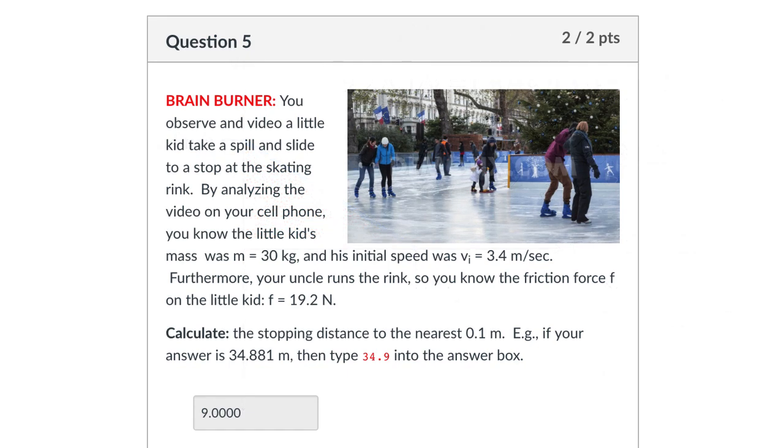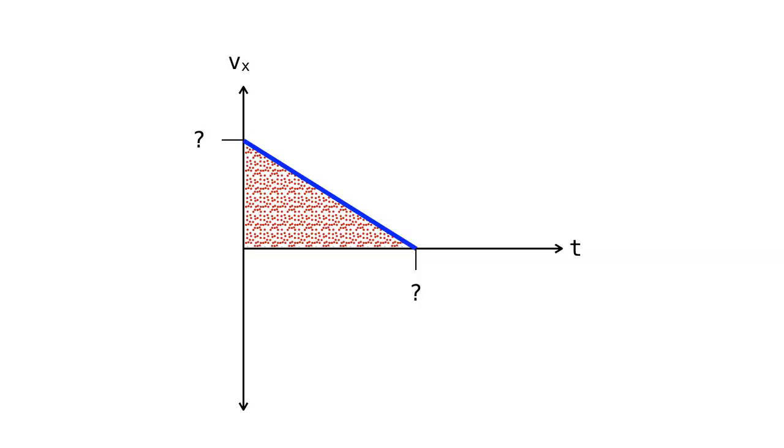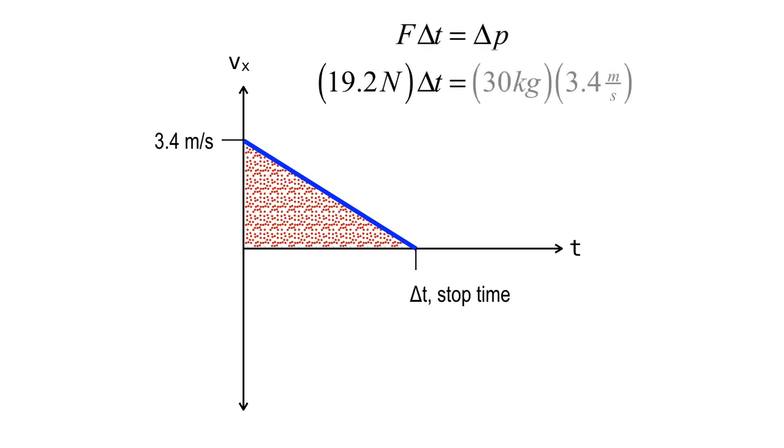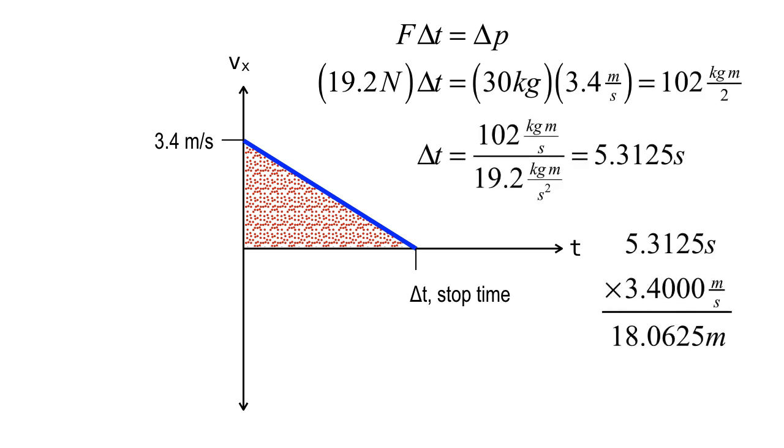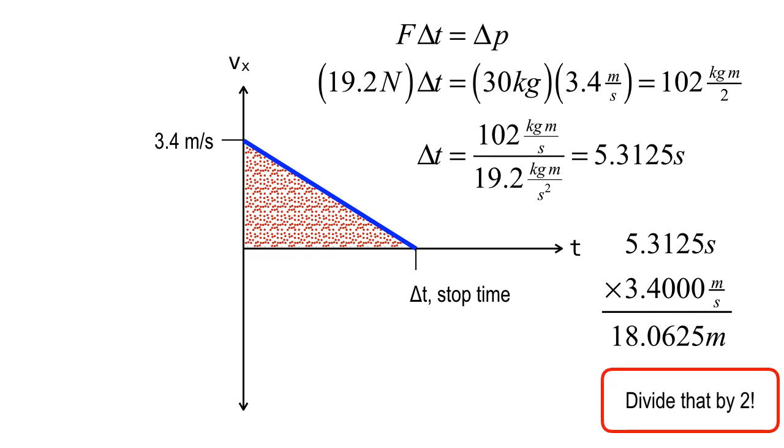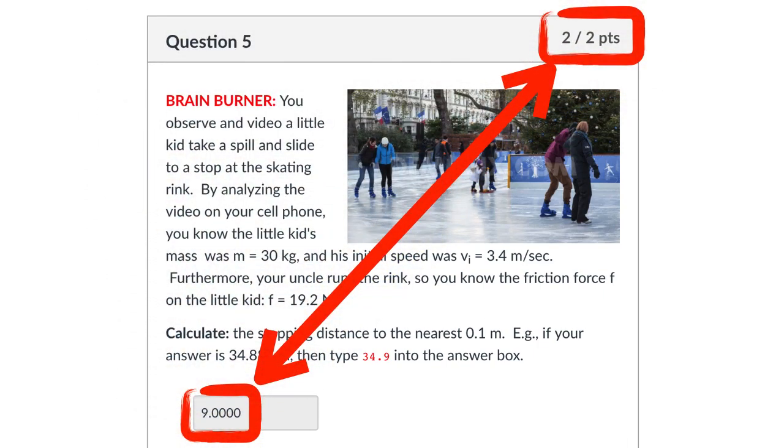And if you look at the problem, this one is to the nearest tenth of a meter. 18.0625 divided by 2 is 9.03. So to the nearest tenth of a meter, this would be 9.0. And that's what we get. So when you do this correctly, you get 2 points on that old homework. So that's just a little bit of reinforcement.